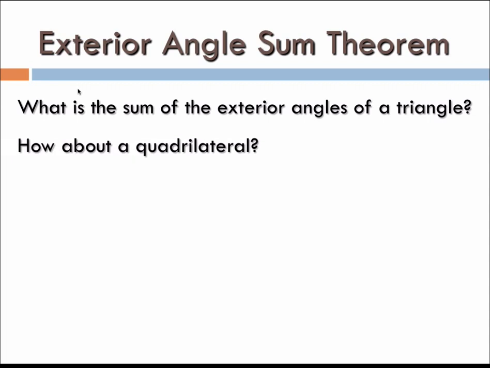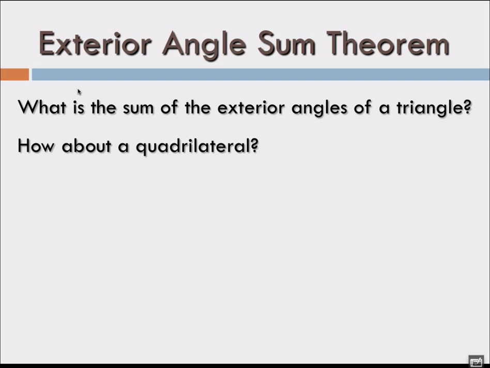What happens when you add up all the exterior angles in a quadrilateral? Draw a quadrilateral. Put an exterior angle at each vertex and add them up. What do you get? Anybody?